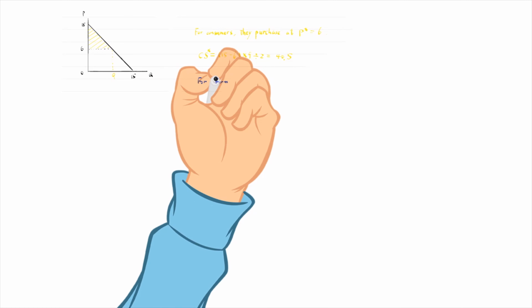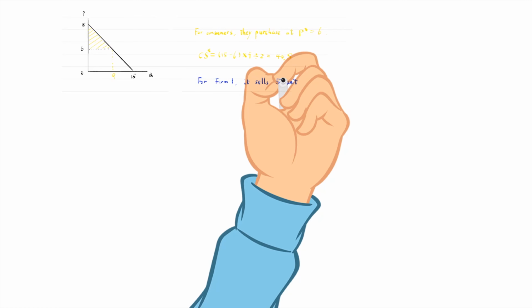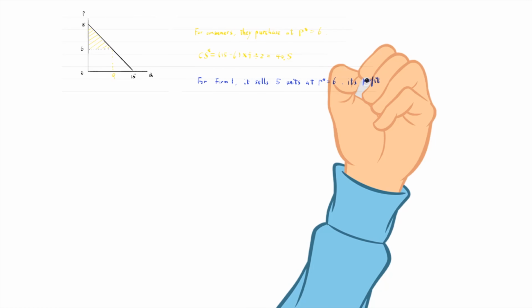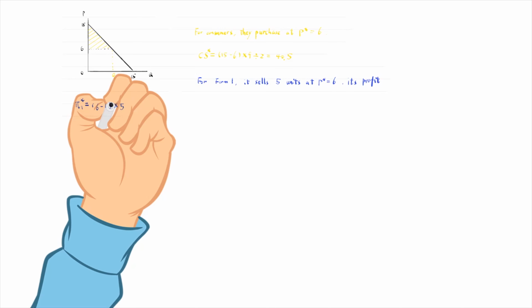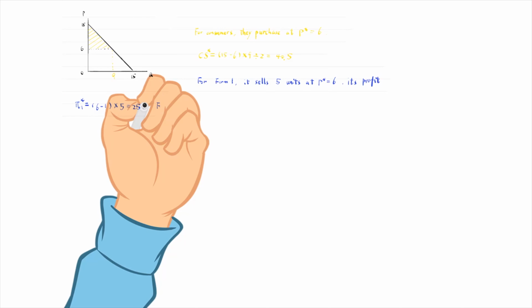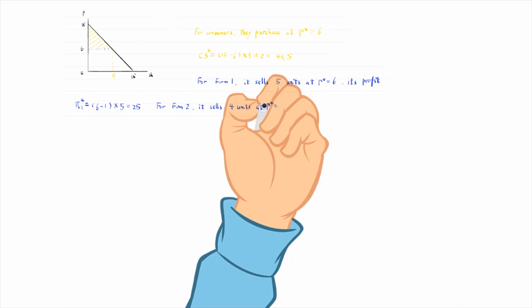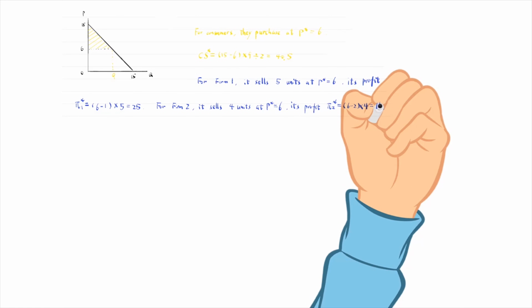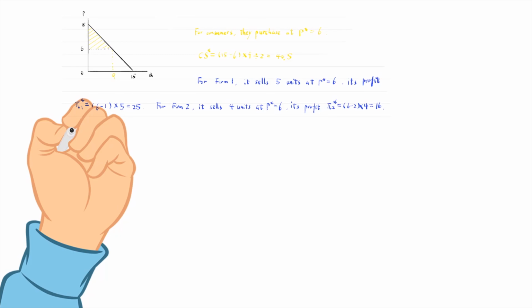For Firm 1, it sells 5 units at the price of 6. So its profit pi1 star equals the price minus its average cost times quantity, which is 25. For Firm 2, it sells 4 units at the price of 6. Its average cost is 2, so its profit is 16. The total profit is 41.